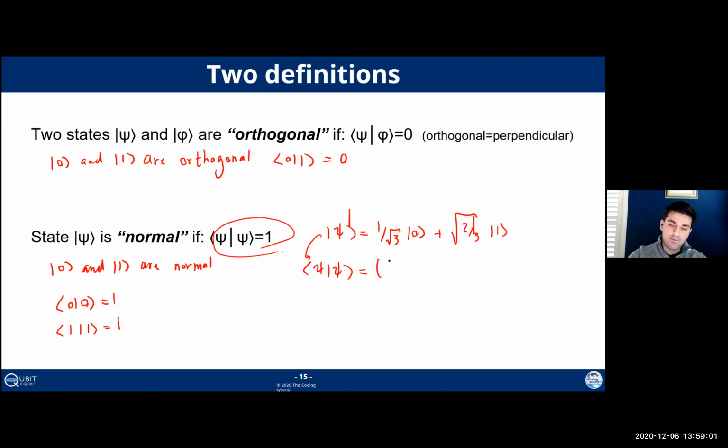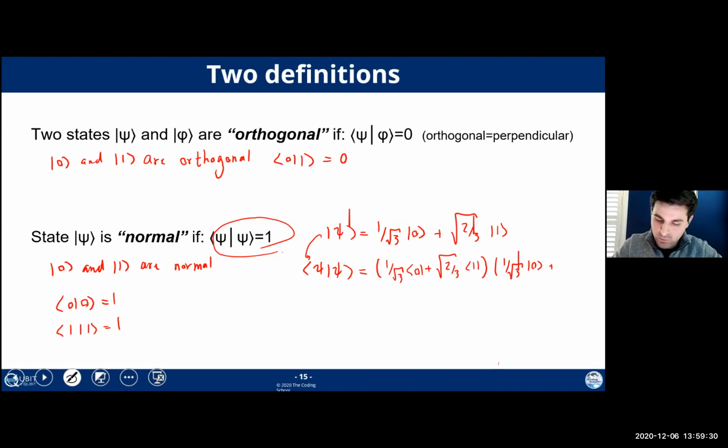So here we have 1 divided by square root of 3 times bra of 0 plus square root of 2 divided by 3 bra of 1, times, again, psi, which we have the definition up there: 1 divided by square root of 3 ket of 0 plus square root 2 divided by 3 ket 1.